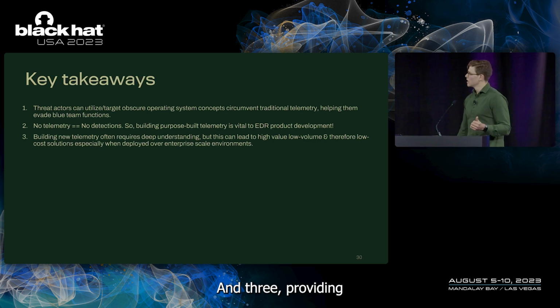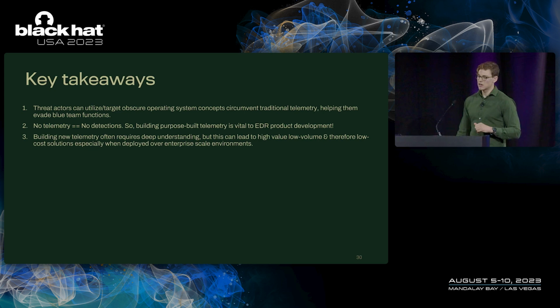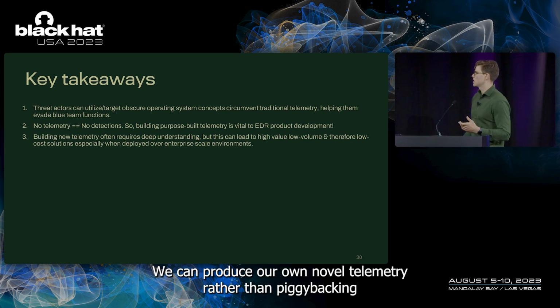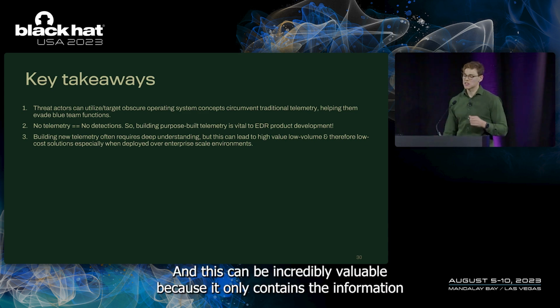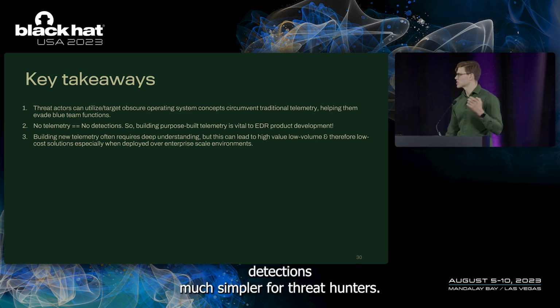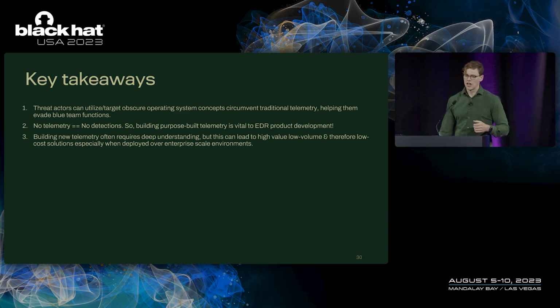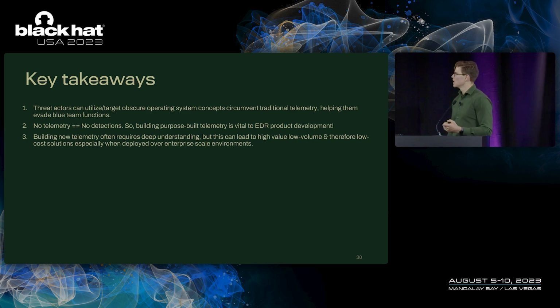And three, providing a problem has been understood to sufficient depth, we can produce our own novel telemetry rather than piggybacking on existing sources. And this can be incredibly valuable because it only contains the information and the events that we care about, which actually makes writing detections much simpler for threat hunters. And it also puts less pressure on rules engines, back-end teams, and ultimately hosting costs.